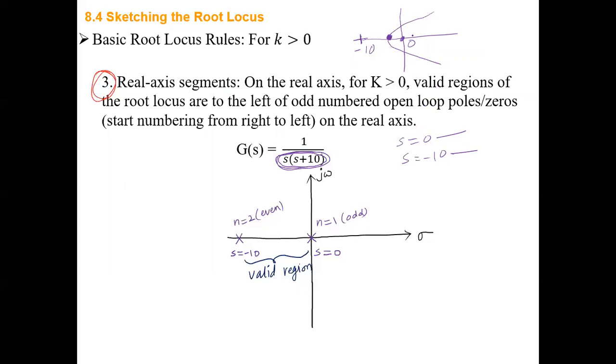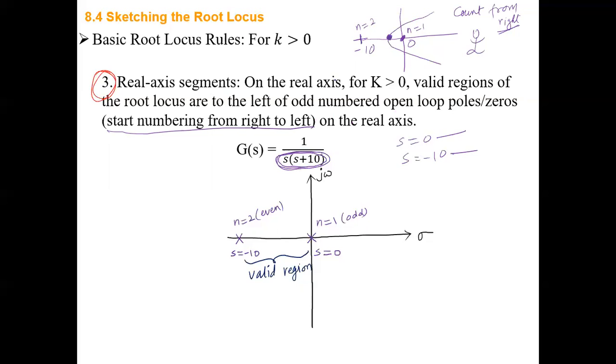Suppose you are here, you start counting from the right. This is the rule: count from the right side, not from the left. You start counting from right to left. So if you count from the right, this is number 1, this is number 2.